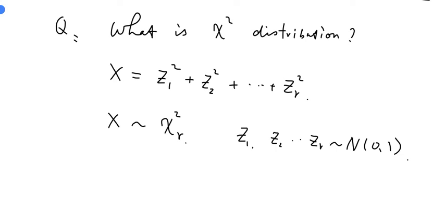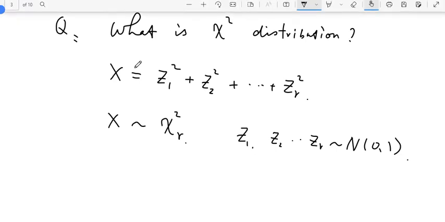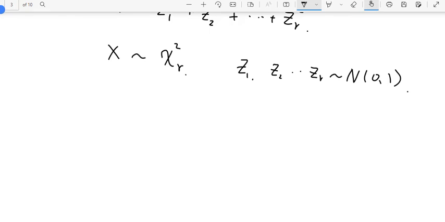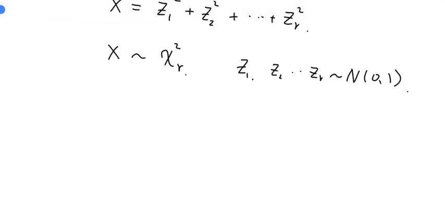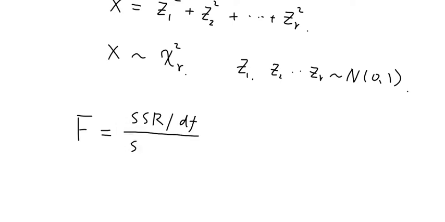Okay. Once we know this chi-square distribution, then we can find what the F distribution is. For this F value, these things follow the distribution SSR over its degrees of freedom, over SSE over its degrees of freedom, right? So what is SSR?